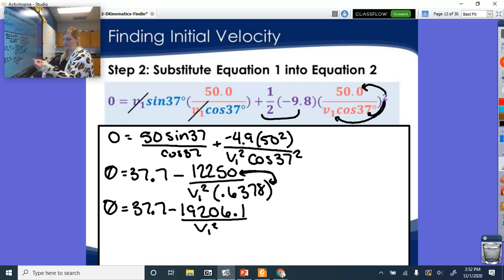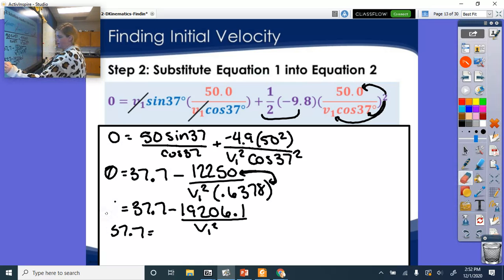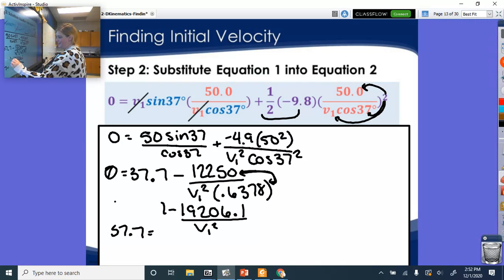Now I'm going to move my 37.7 over. So negative 37.7 equals, well, here, I'm going to run out of space, so I'm going to kind of cheat it a little bit.